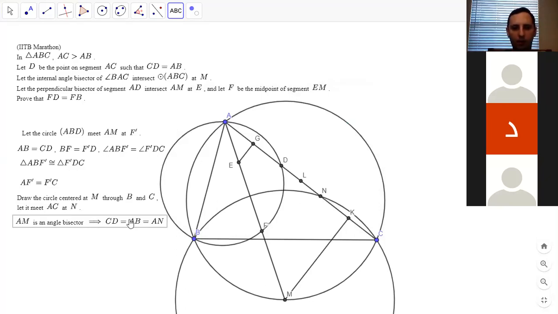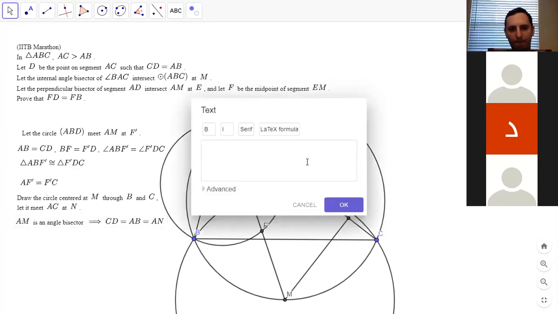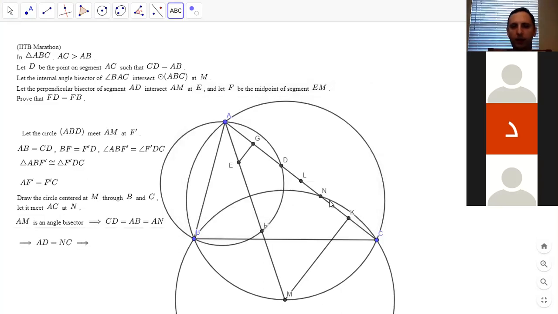And so since CD is equal to AN, AD is equal to NC. And so, yeah, AG is equal to KC.